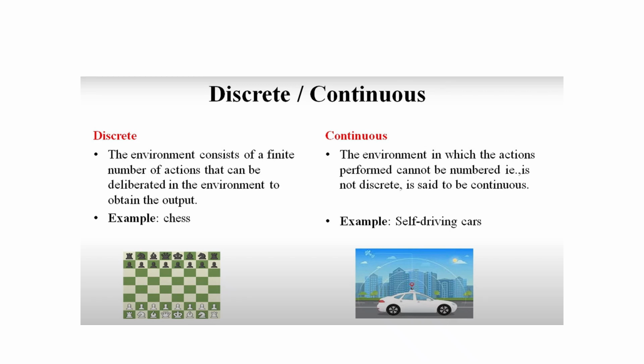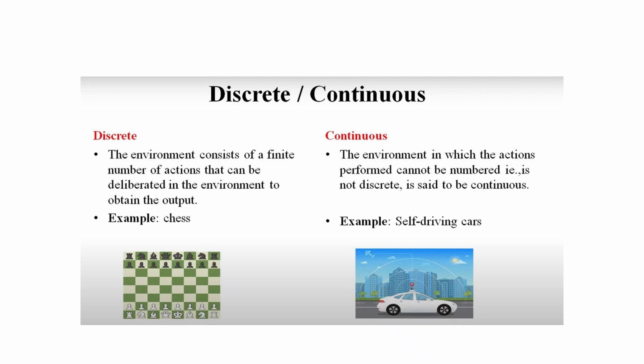Next, we move on to the continuous environment, the environment in which the actions performed cannot be numbered. So it is not discrete and is said to be continuous. Each and every state and action can take any value within a particular range. A self-driving car is a good example.